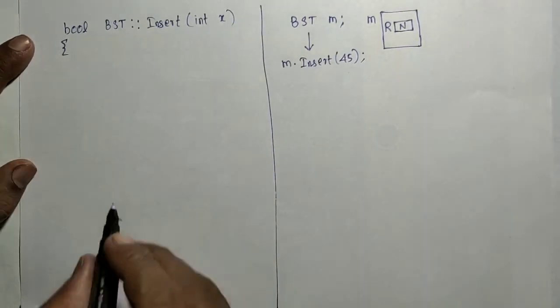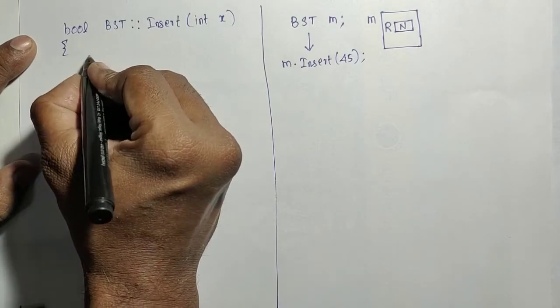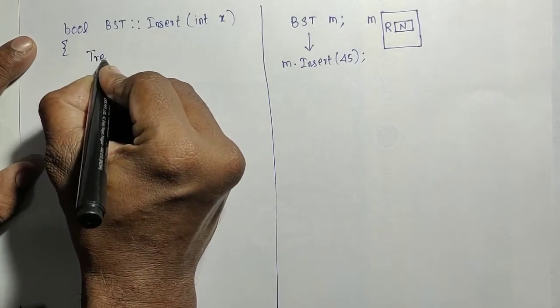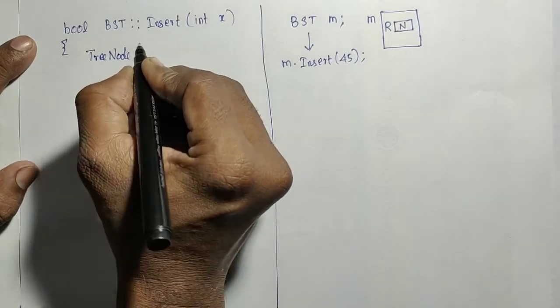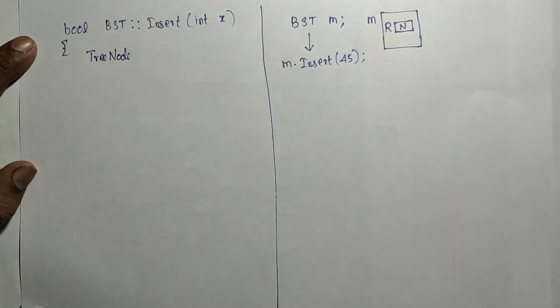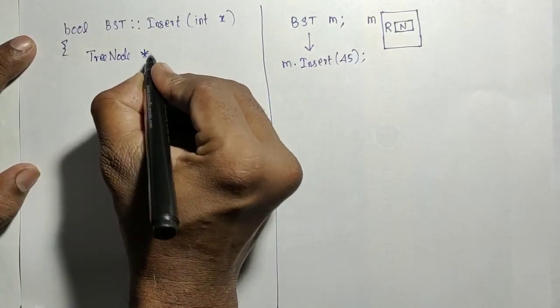Creation of the node means I have to create a tree node n. We should not create it as a normal object. It should be created dynamically, correct?